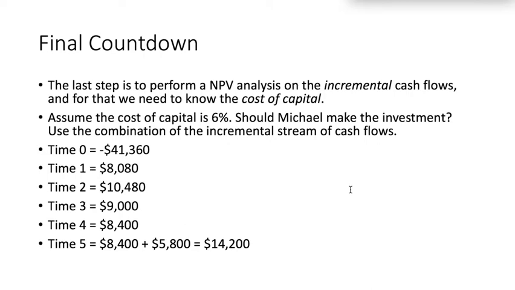And if that NPV is greater than 0, then that means that Michael should accept the project because it's creating value. But if the NPV is less than 0, that means that it's negative NPV and the project is not worth it, right? It's value destroying rather than value creating.